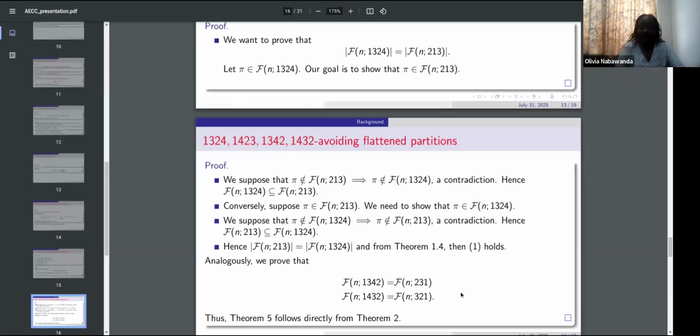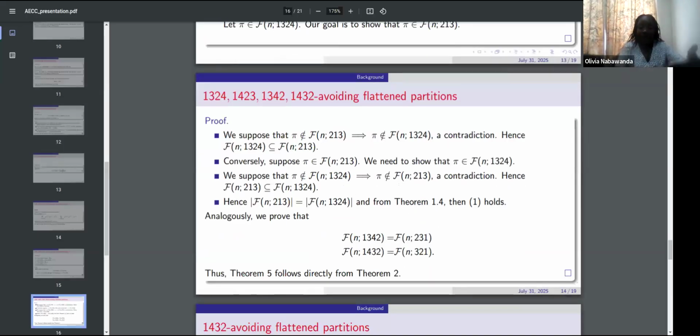And analogously, using a similar proof of the same nature, we also proved that the number of 1342 and 231 avoiding flattened partitions would be the same. And the same applies to pattern 321 and 1432.